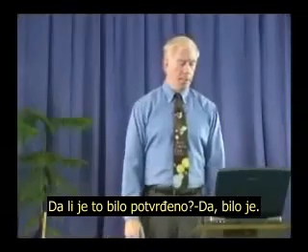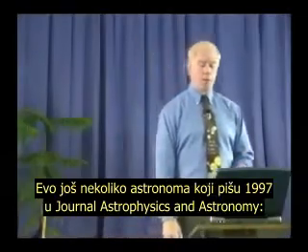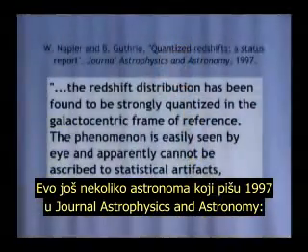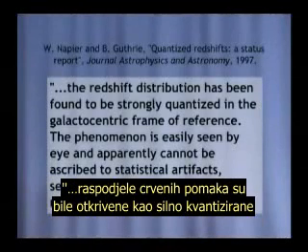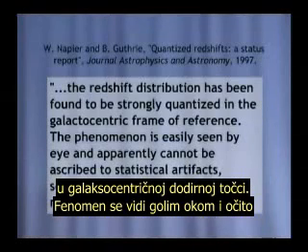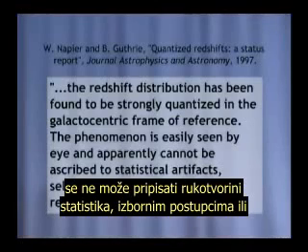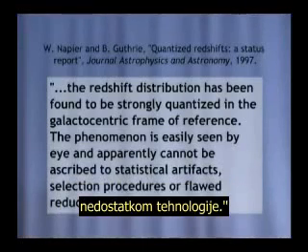Yes, it has. Here's several more astronomers writing in 1997, in the Journal of Astrophysics and Astronomy: The redshift distribution has been found to be strongly quantized in the galactocentric frame of reference. The phenomenon is easily seen by eye and apparently cannot be ascribed to statistical artifacts, selection procedures, or flawed reduction techniques.